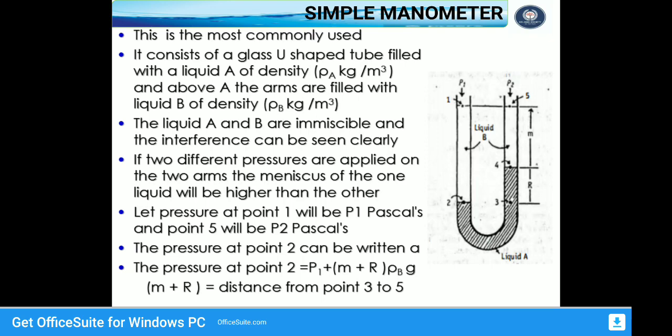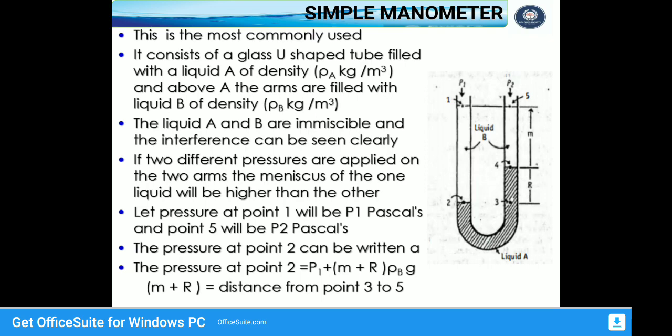It consists of a glass U-shaped tube filled with a liquid A of density rho A, and above A the arms are filled with liquid B, which has a density rho B, and density is measured in kilogram per meter cube. The liquids A and B are immiscible and the interface can be seen clearly.